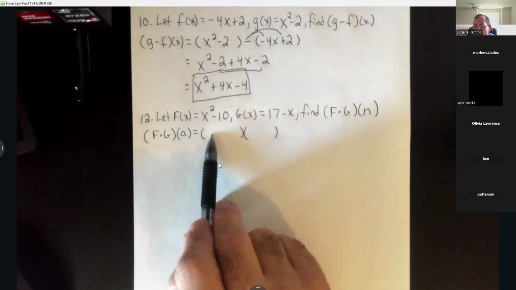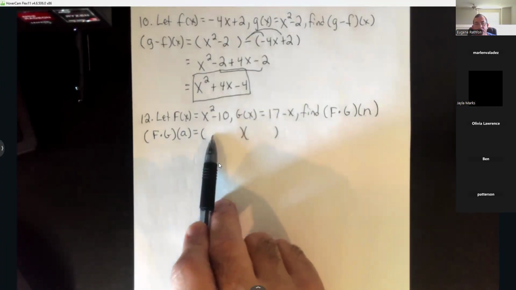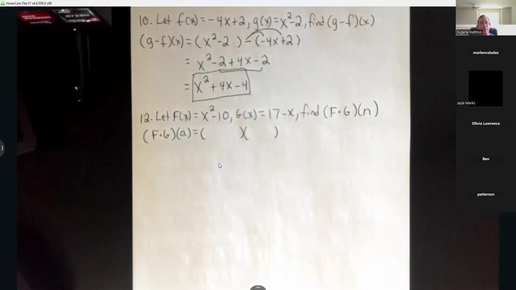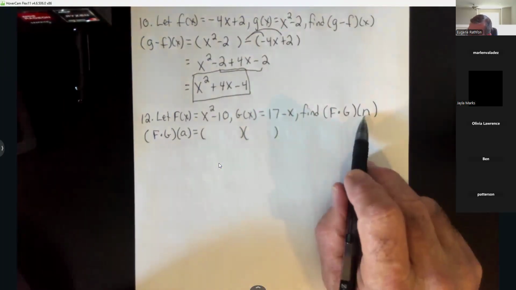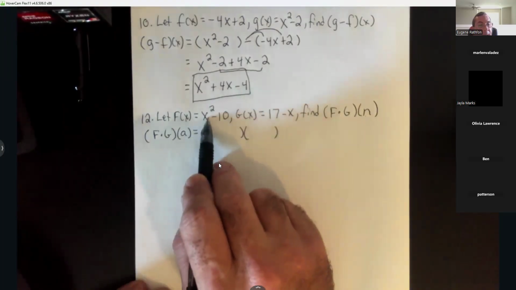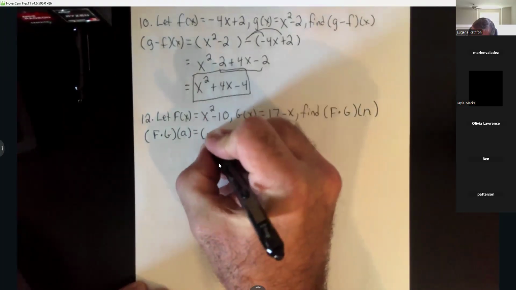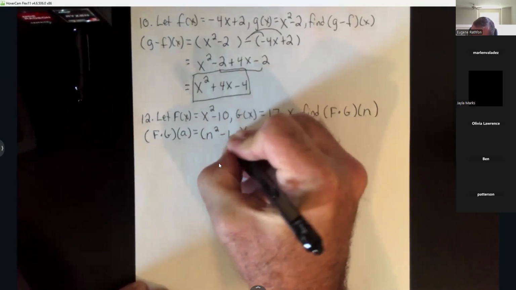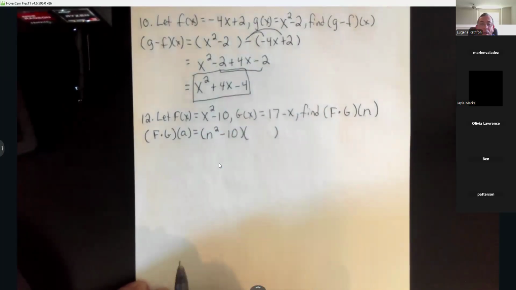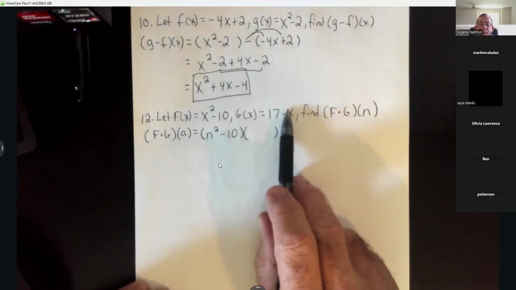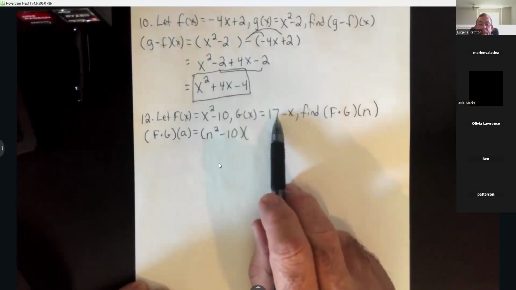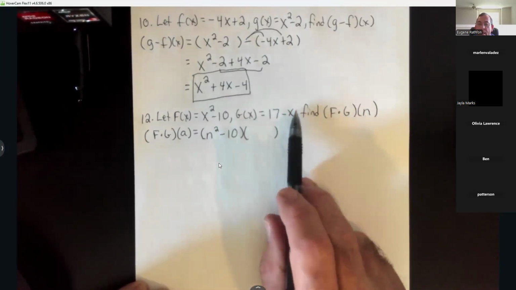What would I put into this first parentheses? N for the variable. Good job, Jane. So this n would go in for that x. So that's really going to be n squared minus 10. Good job. And the same thing with the g, right? That's going to be 17 minus n.